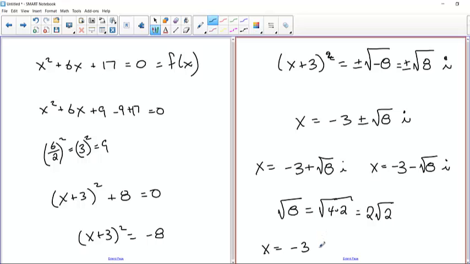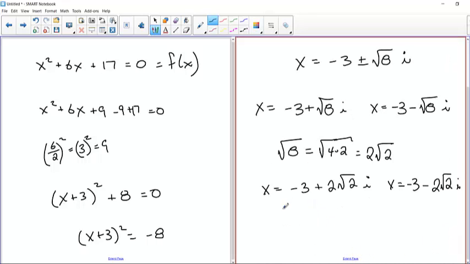So finally the answer is x equals negative 3 plus 2 square root of 2 i, and x equals negative 3 minus 2 square root of 2 i. So these are the solutions to the original expression. What are the values of x?